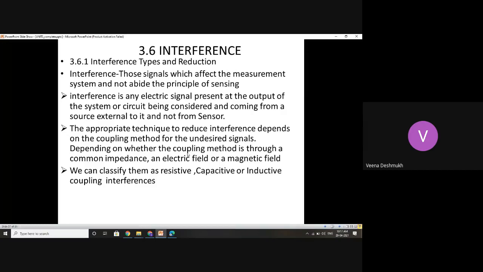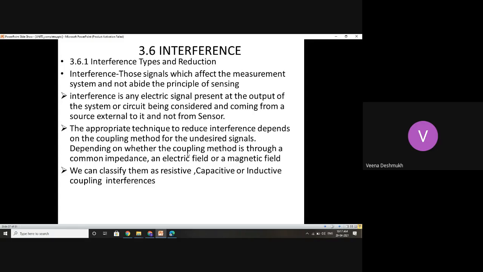In the circuit you have capacitors, inductors or resistors, and the interference can be generated by any one of these. It can be caused by the simple source impedance from the source to the sensor, whatever connection there is. Whatever impedance is there may be causing the interference.